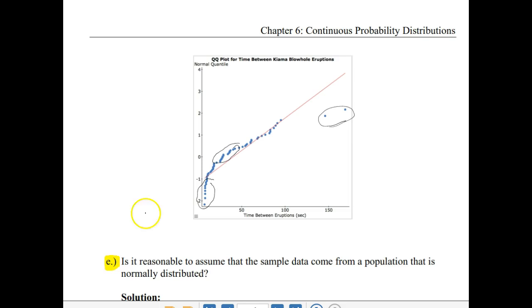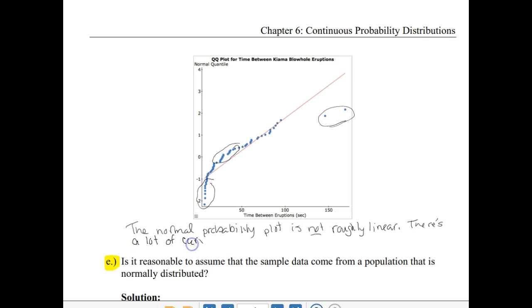So again, looking on our graph here, we can say here that the normal probability plot is not roughly linear. There's a lot of curvature.